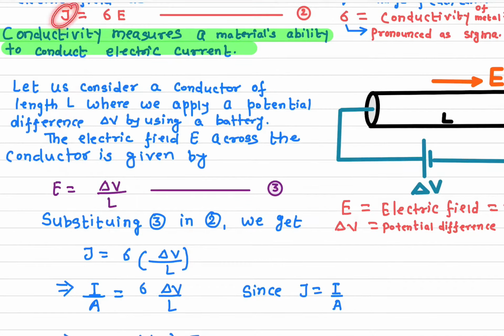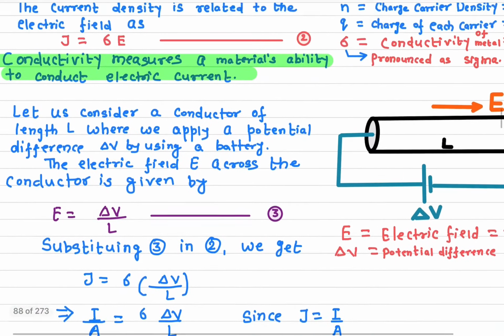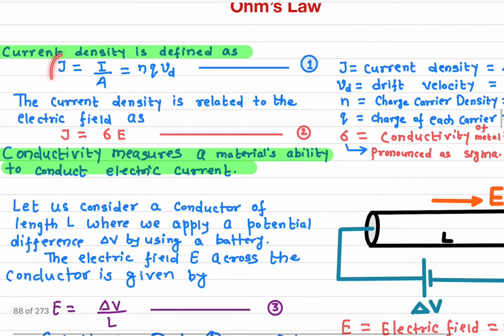So we have J equals sigma, as it is, and instead of the electric field E, I'm plugging in delta V over L. And we know that J is also current per unit area.